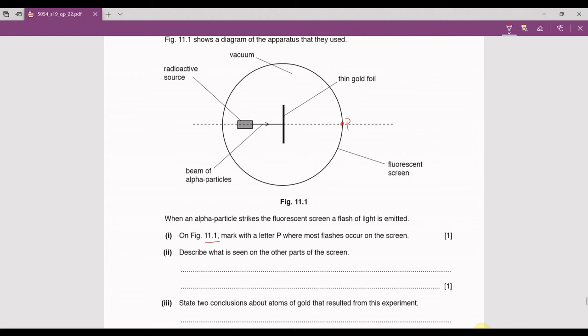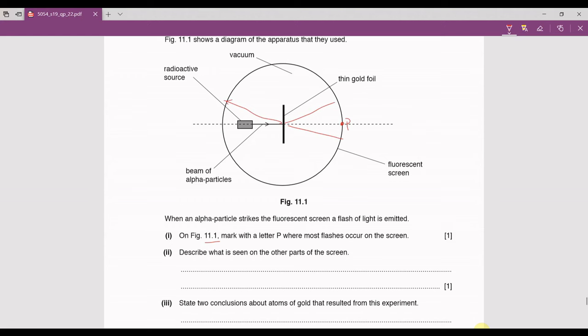Describe what is seen on other parts of the screen. According to this experiment, very few particles are deflected by less than 90 degrees. So some are going to go in this direction and this direction, and even fewer than that, some of the particles are going to deflect more than 90 degrees and come back and hit the back side of the screen.